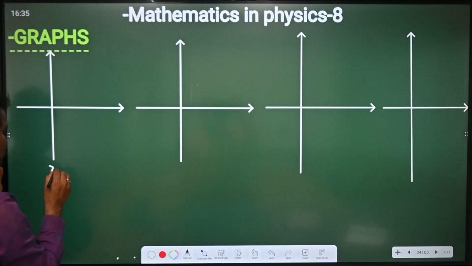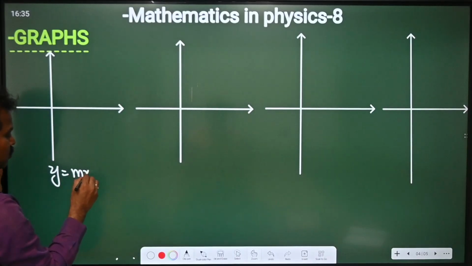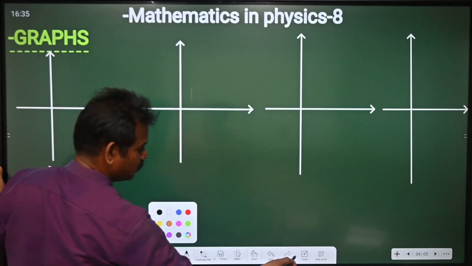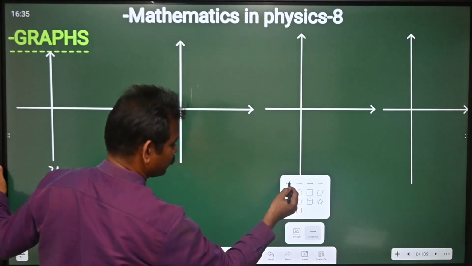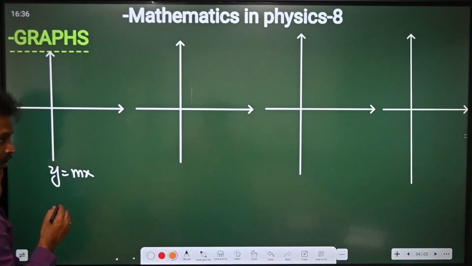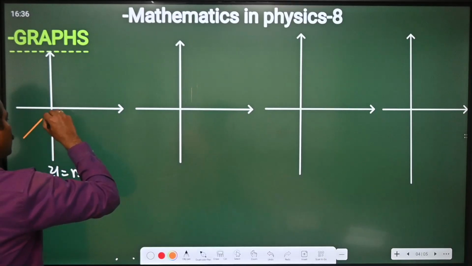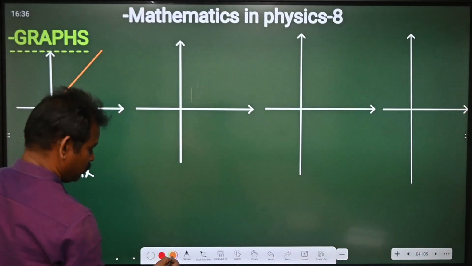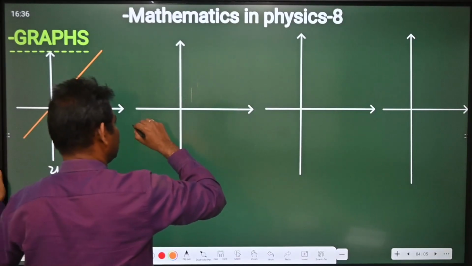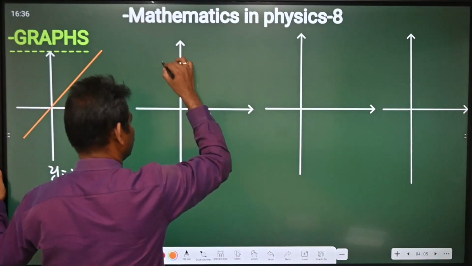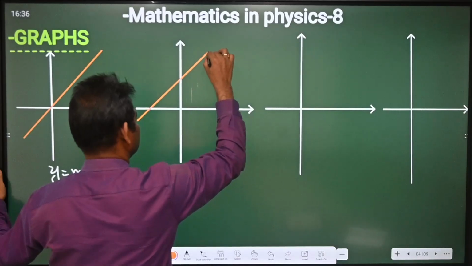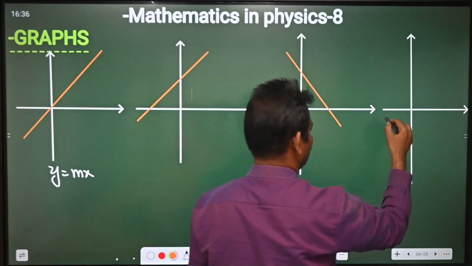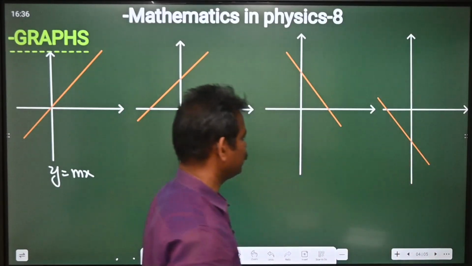Now to take these graphs, first one, y is equal to mx. To draw this graph, students, what we are going to do: this y is equal to mx graph always passes through the origin. Now, if you take this graph, first one like this, one more graph like this, one more graph like this.